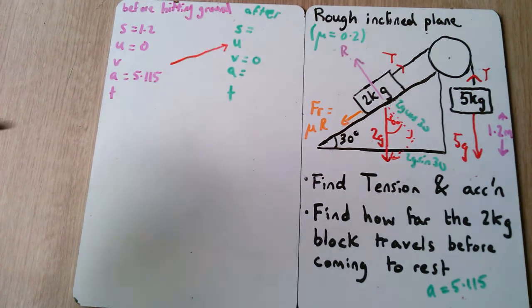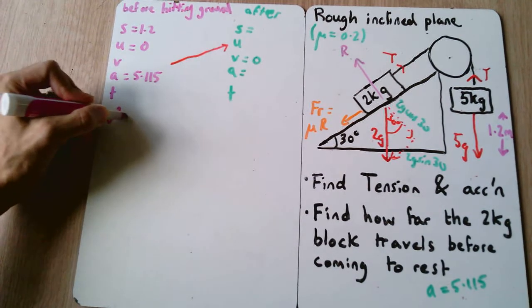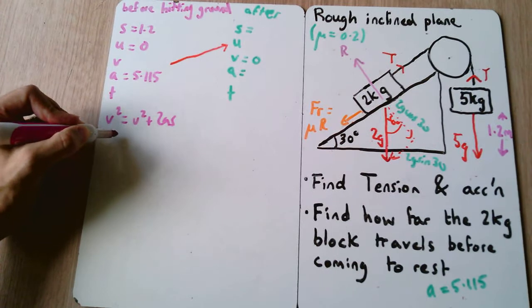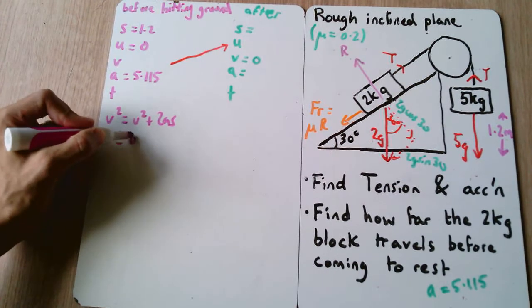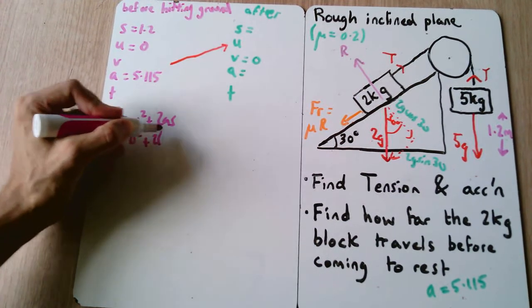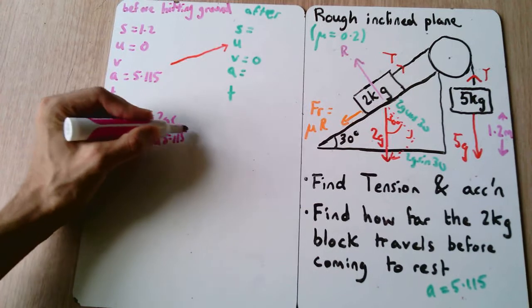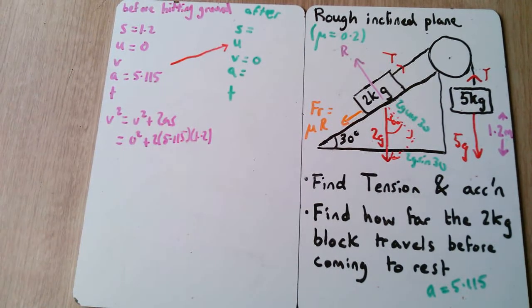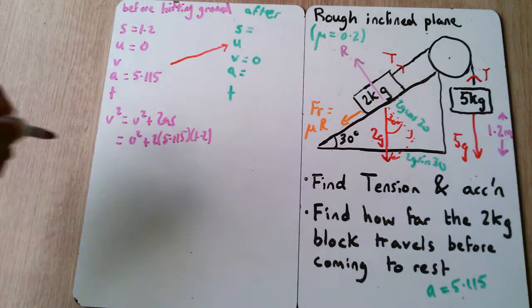And for this, if we use v squared equals u squared plus 2as, we can work out the value of v squared, which is 0 squared plus 2 times 5.115 times 1.2, which is equal to, on your calculators, 12.276.